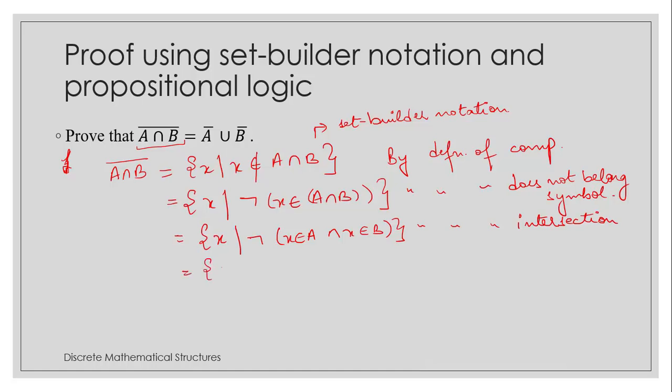Now this is equal to x such that negation of x belongs to A or negation of x belongs to B. Now here we have moved the negation symbol with individual elements of this AND operation. So this is again by first De Morgan's law of propositional logic.